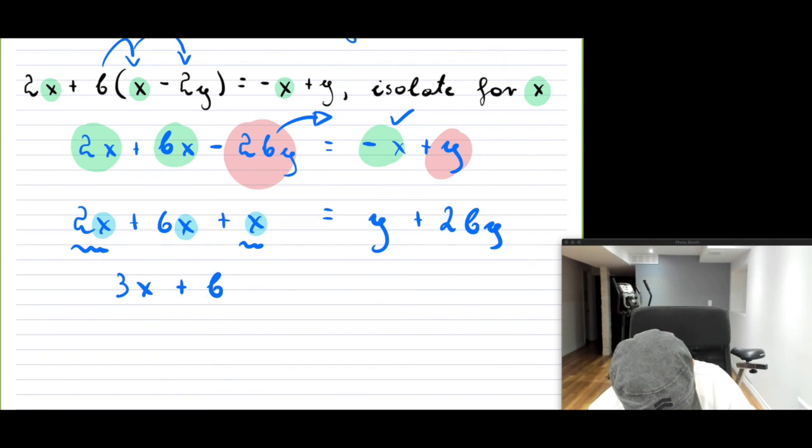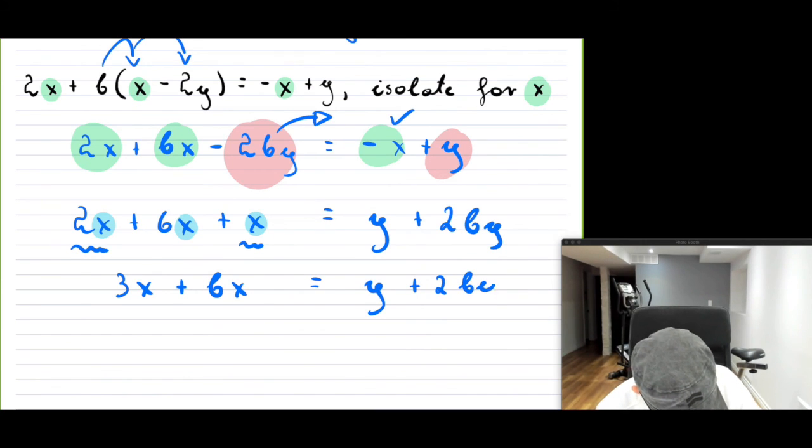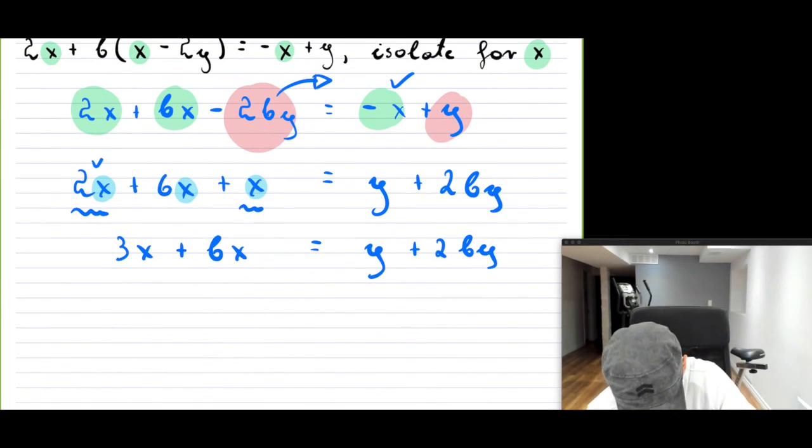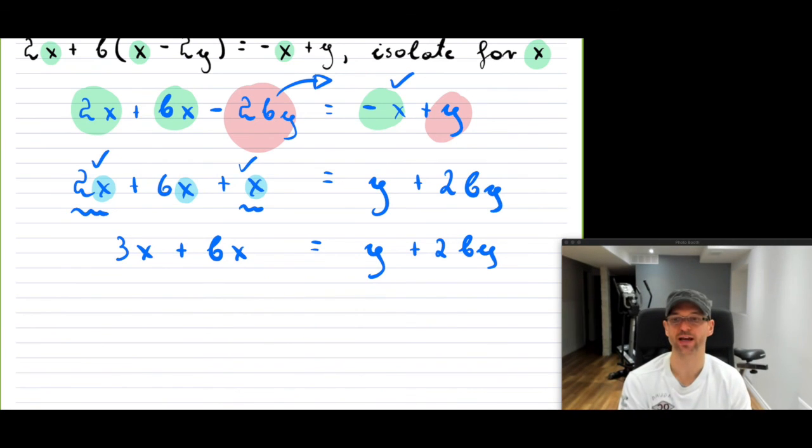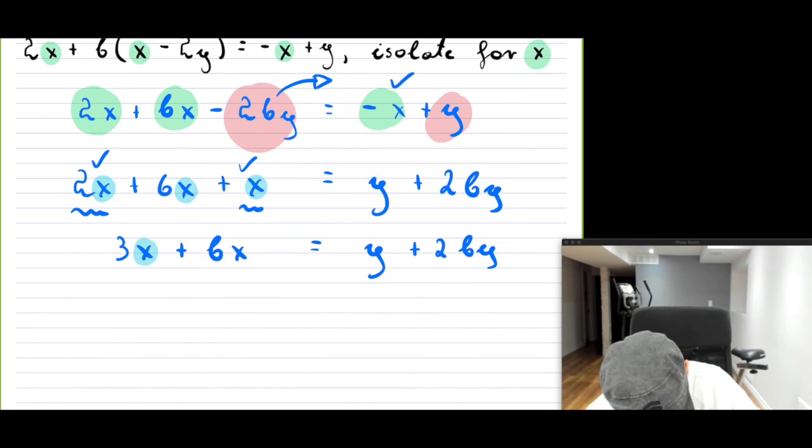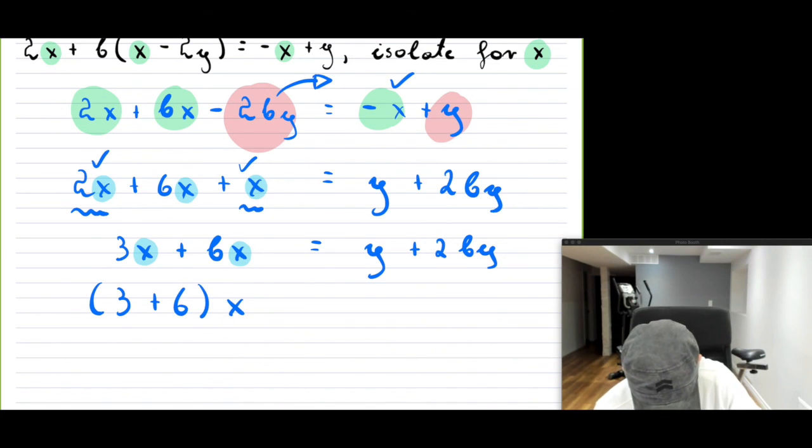Now the b will just stay the same. So that was 2x plus the x. Those are just like terms. And now I'm going to remove the x. So that's going to leave me 3 plus b, and then the x. Notice the 3 plus the b stays there.